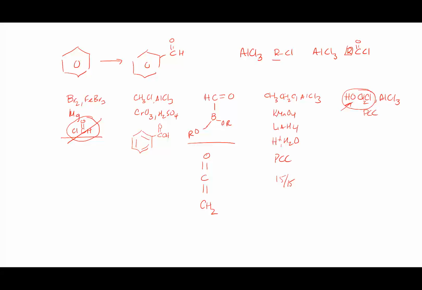So the idea here was we needed to remember that we could put a carboxylic acid group on the ring and reduce it all the way down to the primary alcohol and then oxidize it back up with Swern, PCC, or Dess-Martin, all the way up to an aldehyde.